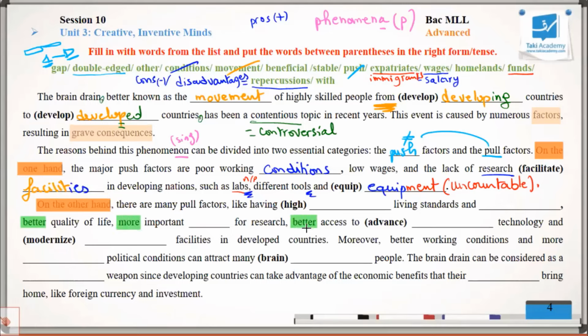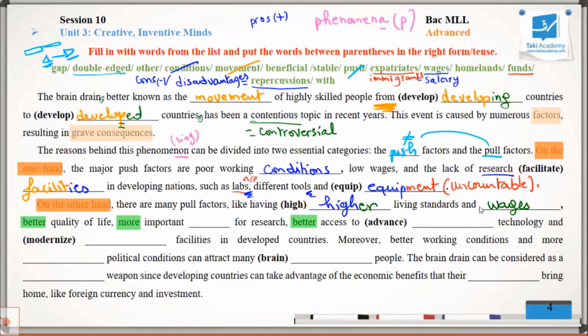All of those, better, more important, better, etc., are comparative forms. Yes, so I need my adjective to be in the comparative form. So high then becomes higher. Higher. Living standards, so the living standards are higher, and also what? What's also higher? The wages, yes.